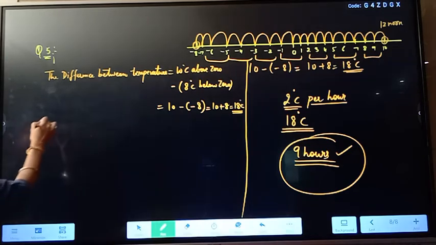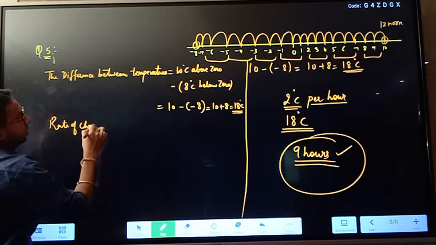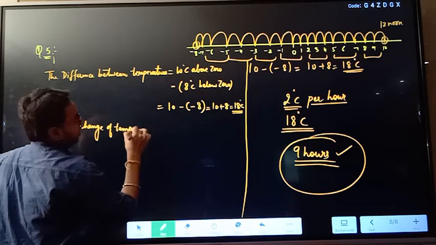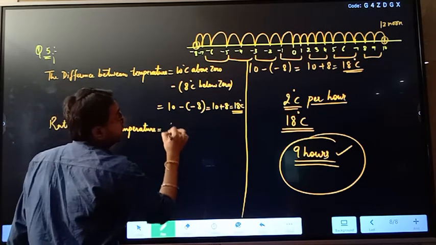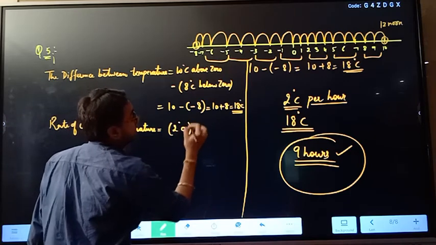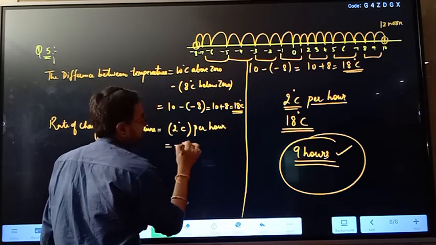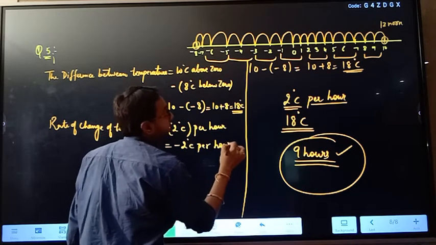First of all, rate of change of temperature. That's very important. That is 2 degrees Celsius per hour. It means, can I say minus 2 degrees Celsius per hour, because it is decreasing.